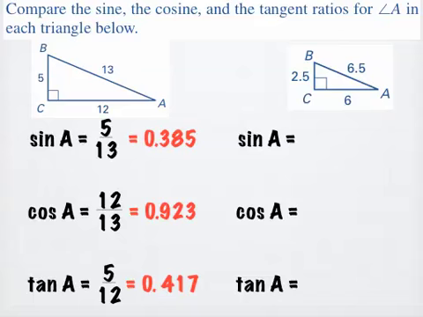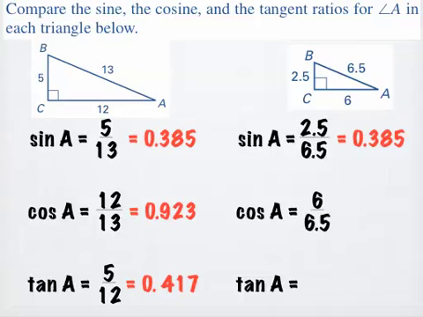In this case, I have side lengths of 2.5, 6, and 6.5. The sine is opposite over hypotenuse, so for this triangle it would be 2.5 over 6.5, which is 0.385. Cosine of A would be adjacent over hypotenuse. In this case it would be 6 over 6.5. When we divide that, we get decimal 0.923.